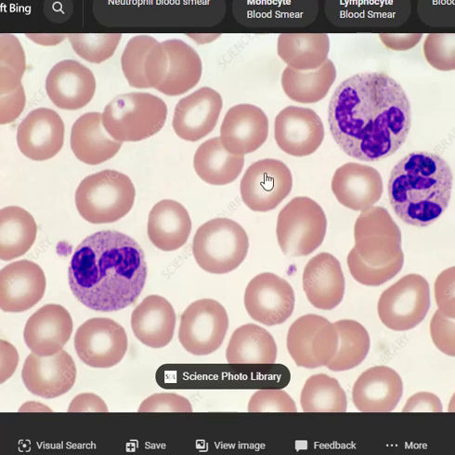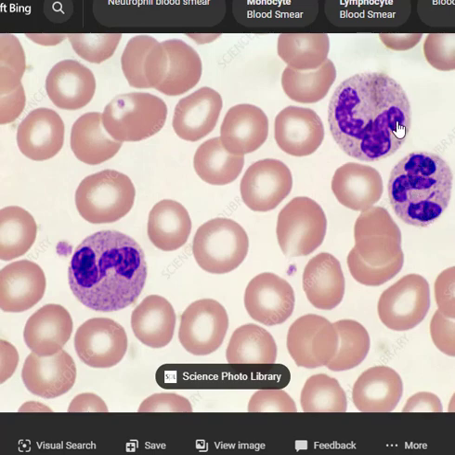Here's another picture of a blood smear. So there's your red blood cells right there. And notice how much bigger these cells are. So when we do blood in the next semester, one of the things you're going to do is you're going to be able to look at these and identify which type of white blood cell it is. So you have 5 major classes of white blood cells.